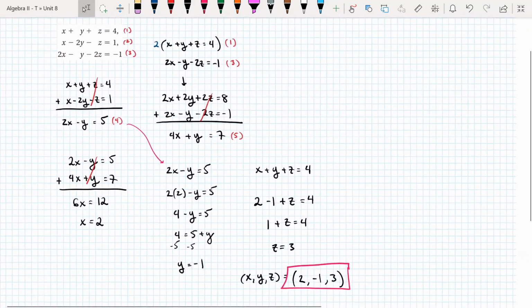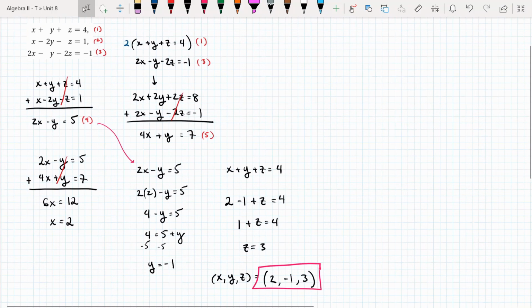So in terms of visualizing what the solution is going to look like here, it's a little tricky to do, but each equation is actually a plane, and the solution is going to be the intersection of these 3 planes. So there are 3 planes, and they intersect at the coordinate point 2, negative 1, 3. Okay, that's how you can kind of visualize what the solution is.